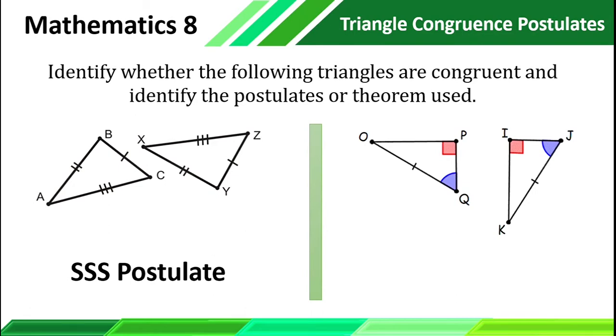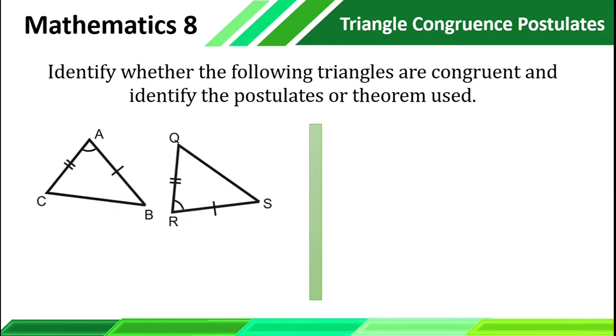These two triangles are congruent because of the SAA theorem. These triangles are also congruent because we have two corresponding sides and one corresponding angle which is in between our two corresponding sides. So this is congruent under the SAS postulate.